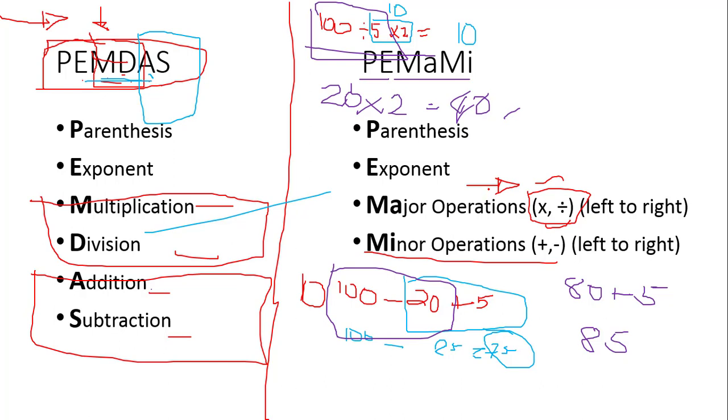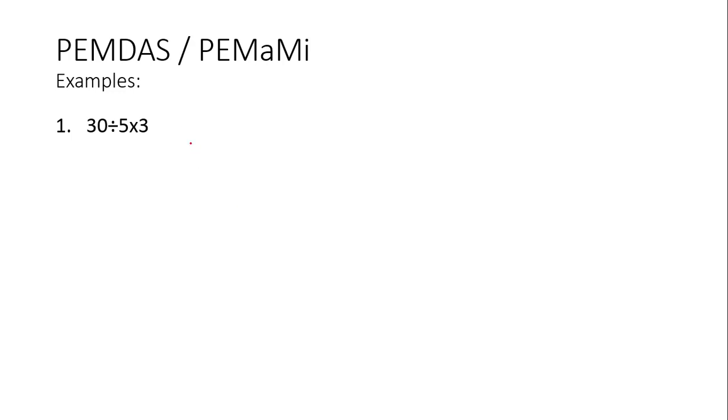So, to understand further, magbibigay ako ng example. So, we have 30 divided by 5 times 3. Sabi, parenthesis muna, so wala naman. Exponent, wala. Next, we have the major operation. It's either multiplication or division. Basta from left to right.